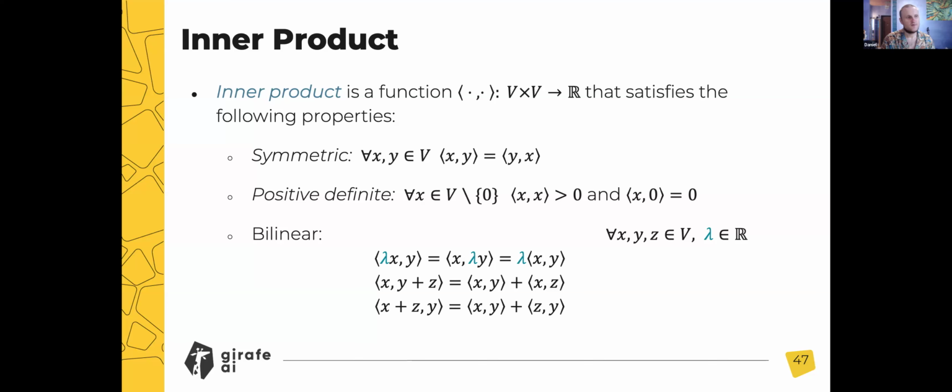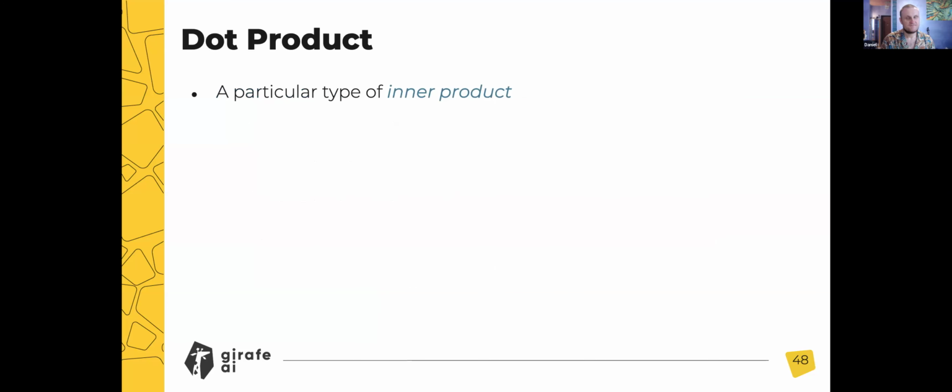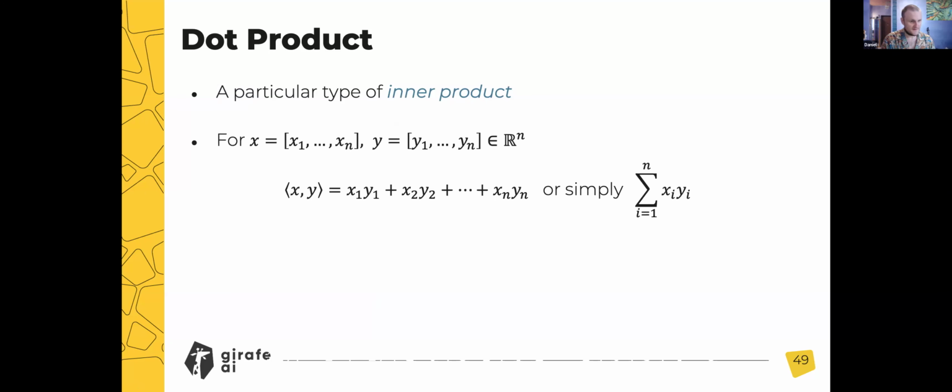So why do we need this sort of function? Perhaps you're familiar with what is called the dot product, which is a particular type of inner product, and how it is defined. It is defined as a sum. One may say that it is a weighted sum.